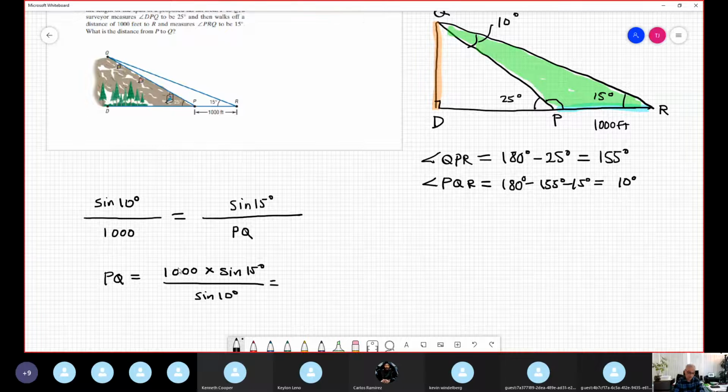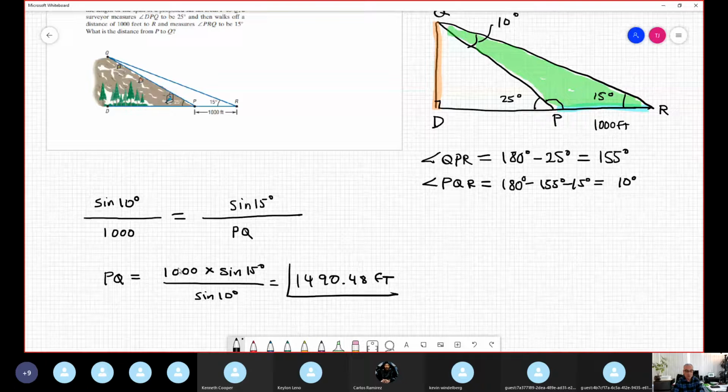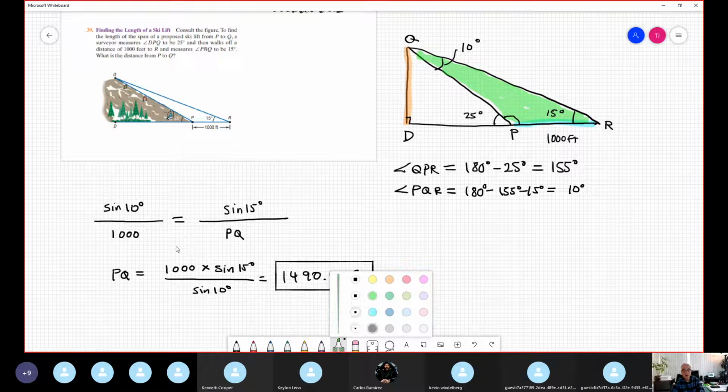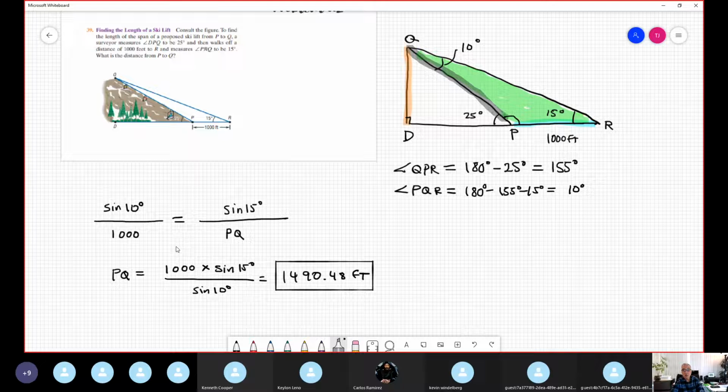Put in the calculator, and the answer is 1490.48 feet. This is the length, that distance, PQ.